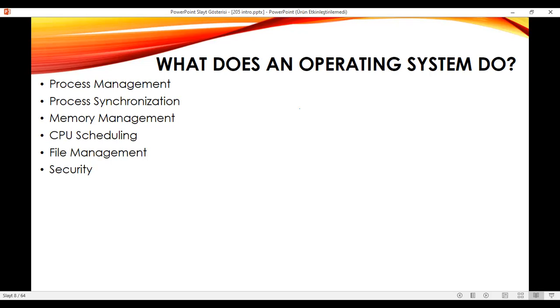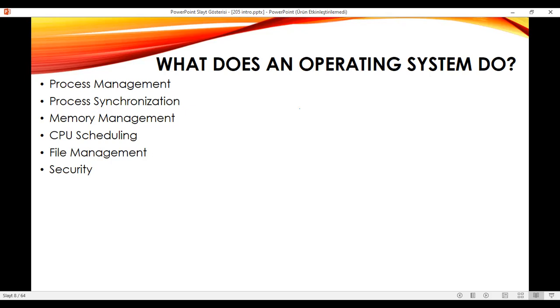All these things are a part of process management.